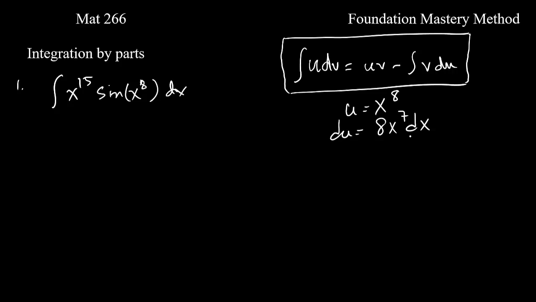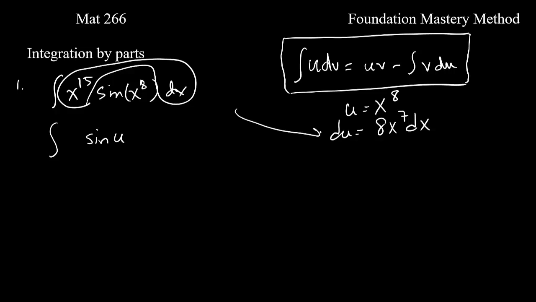So now let's look at making the substitution. So here we will have sine of u, and then what we have left is x to the 15th dx. But if we look over here, we see that du only involves x to the 7th dx. So what we're going to do is think of this x to the 15th as x to the 8th times x to the 7th.